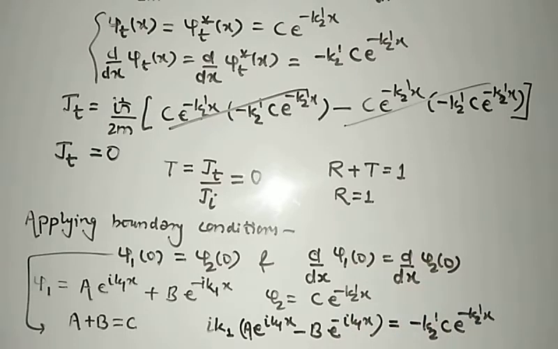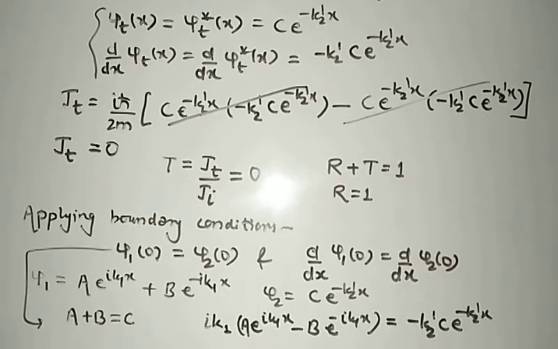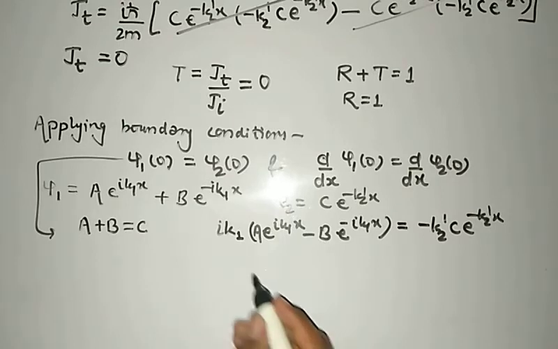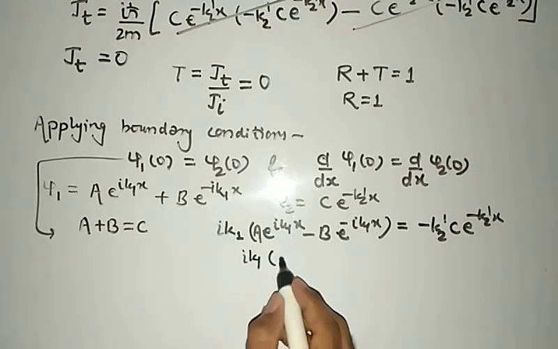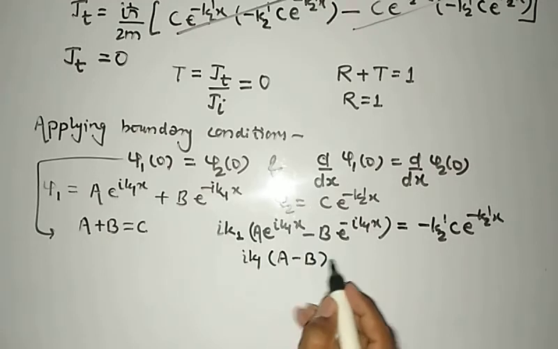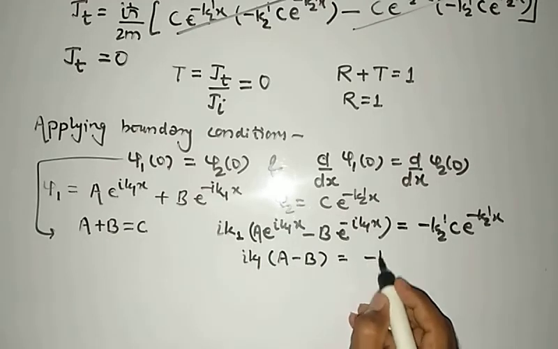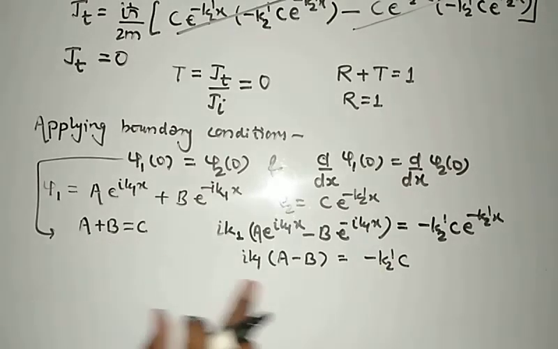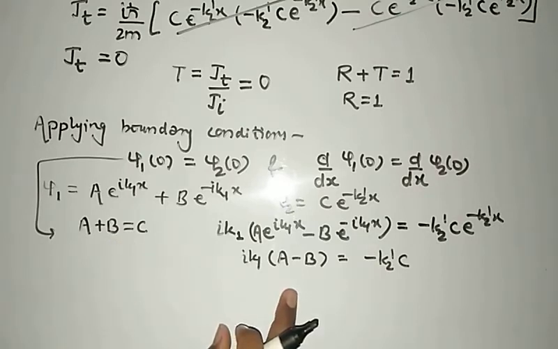Here we equate dψ1/dx and dψ2/dx, and for continuity x is equal to 0. So ik1 (A minus B) is equal to -k2' C. So we have this relation and this relation. Using them, we will find a relation between B and A and between C and A.